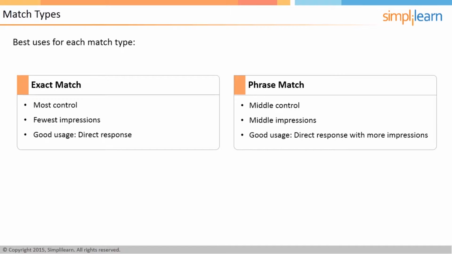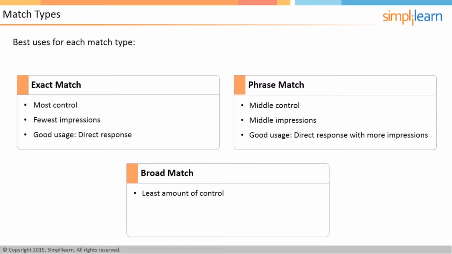So it's good for direct response, but with a little more impressions. Broad match, the lowest amount of control, but the most impressions. So it's great for branding. It's great for finding other queries that may not be in your account somewhere, and you can go ahead and add those as keywords as well.